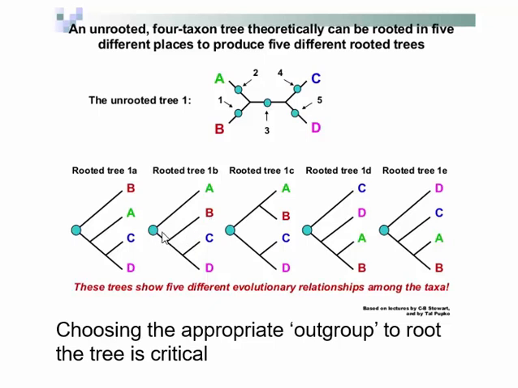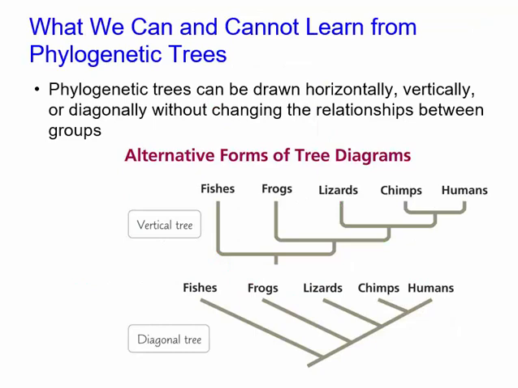So this is important, that we're rooting the tree in the right place. And you can follow along and see these different rootings and then ultimately these different relationships. So understanding where to root the tree is really important. Or again, if you're in doubt, you can keep it unrooted and say, we don't know, but we know, say, this one and this one are more closely related to each other than this one and this one. So you might see unrooted trees.